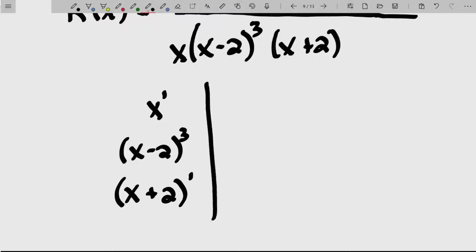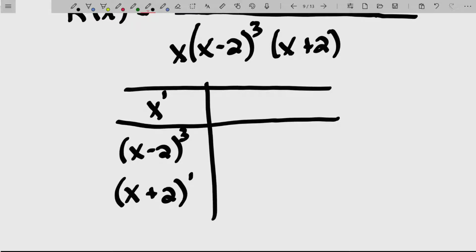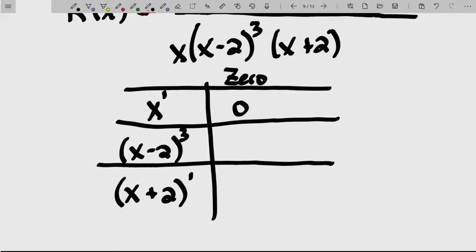So if you build a little table here, you could talk about what the corresponding 0 is. For example, for x, the corresponding thing that would turn that into 0 is 0. For x minus 2, the corresponding number that would turn that expression into 0 is 2. And for x plus 2, the corresponding value of x that would turn that into 0 would be -2.